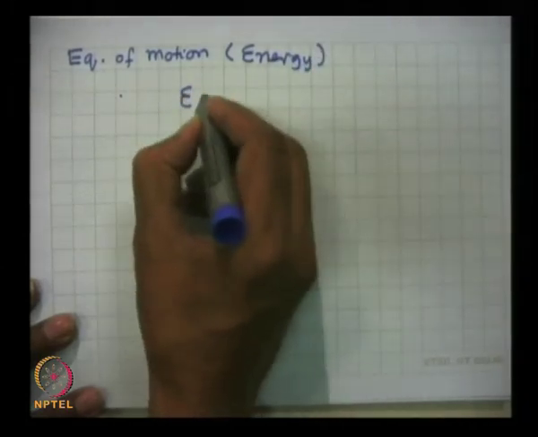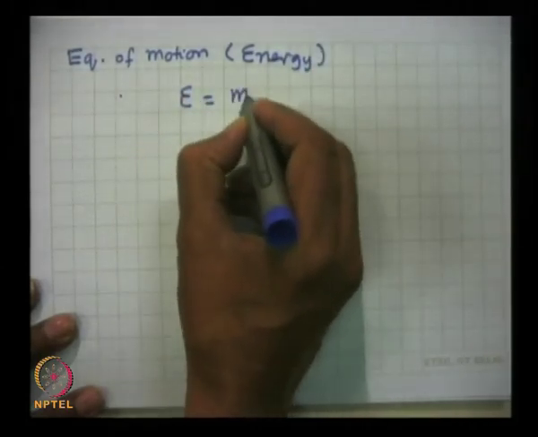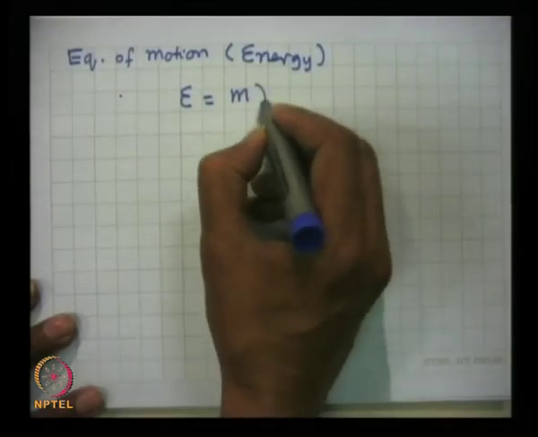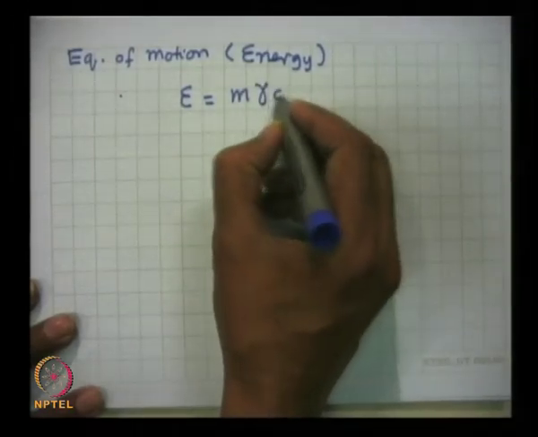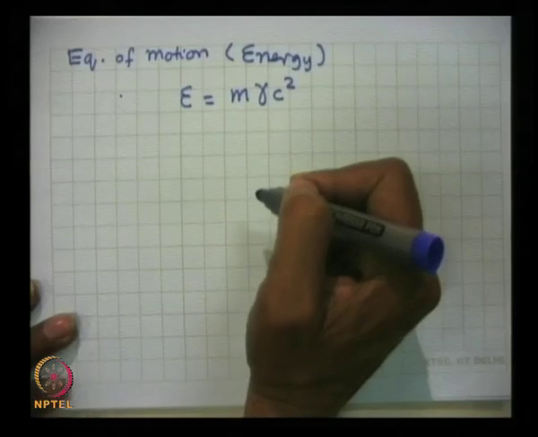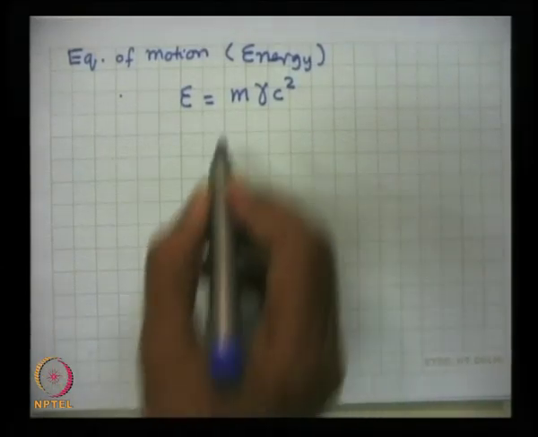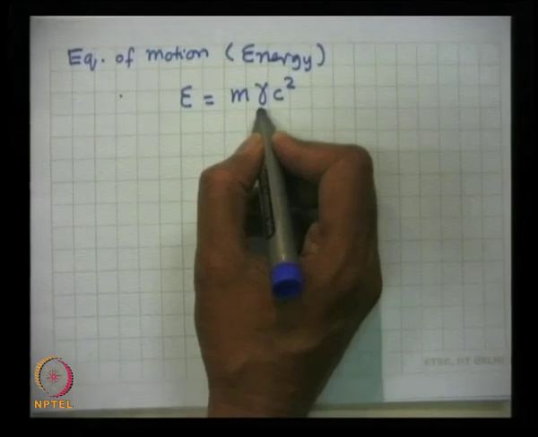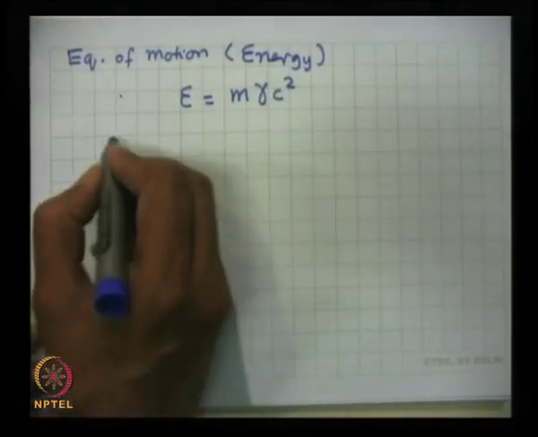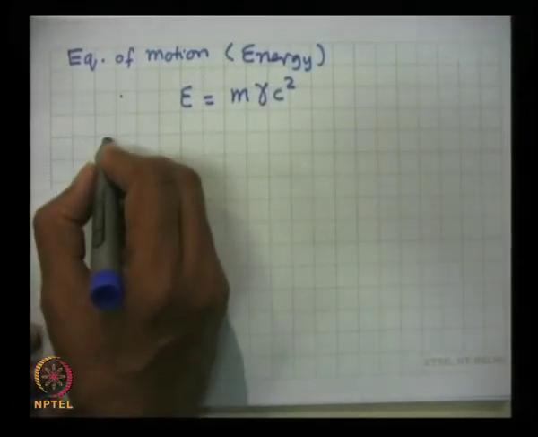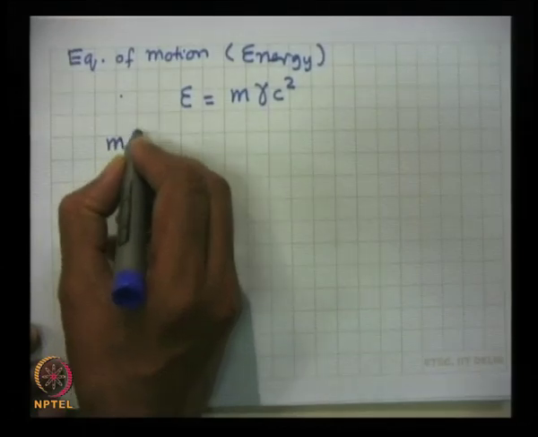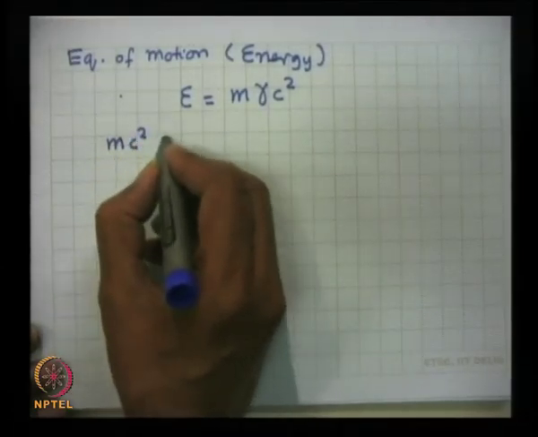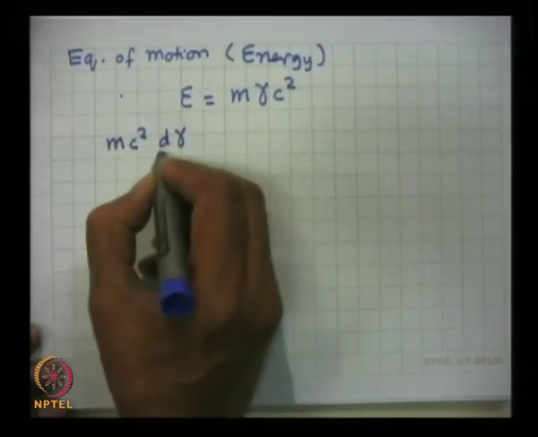Energy of the electron is defined as rest mass times gamma times c square. So, m is the rest mass, c is the velocity of light in free space, gamma is the Lorentz factor. I can write this equation of motion, or energy balance, as mc square d gamma by dt.